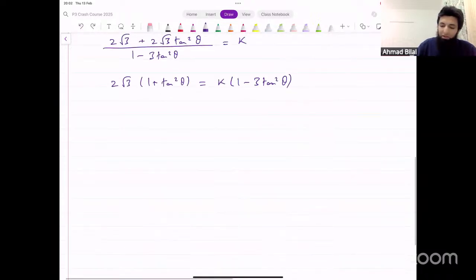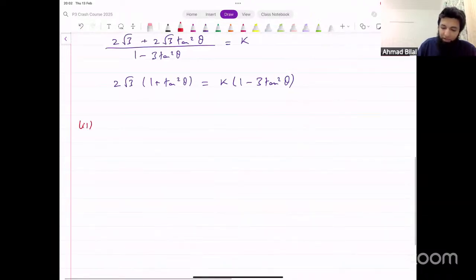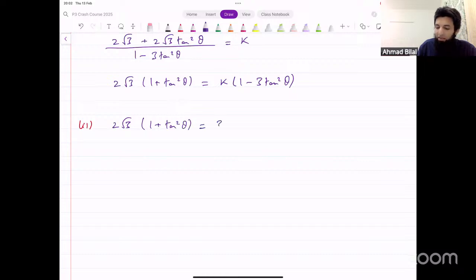Let's do that. So we figured out that all we have to do is just replace k with 3 under root 3. So we have 2 under root 3 times 1 plus tan square theta. That equals 3 under root 3 times 1 minus 3 tan square theta. Okay, now let's simplify this. Under root 3 and under root 3, we can cancel them out, right?